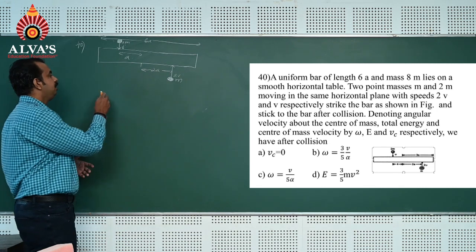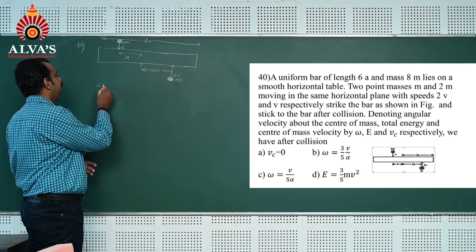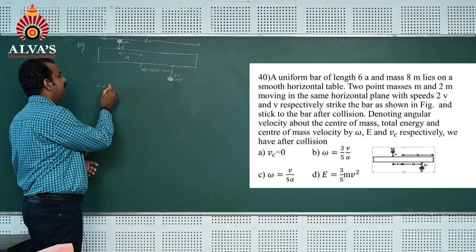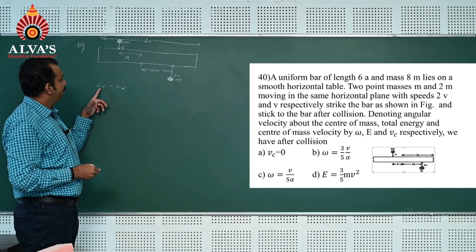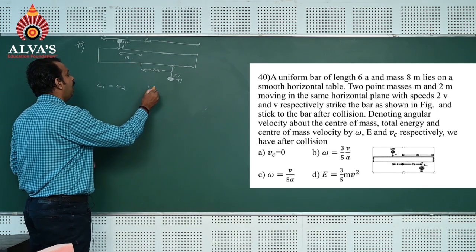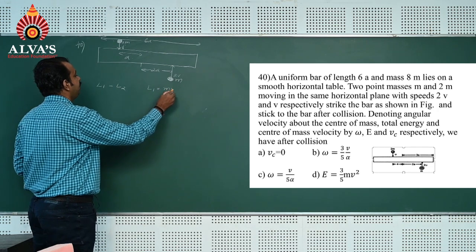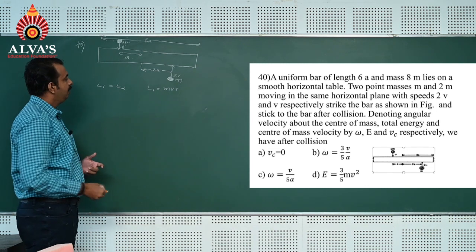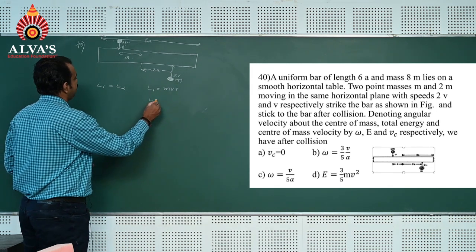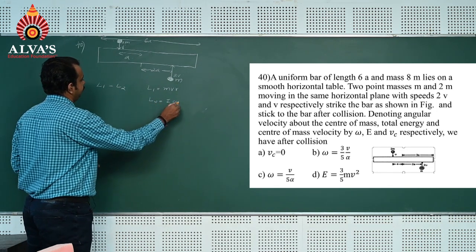Angular momentum before striking I would like to take as L1, and angular momentum after striking as L2. L1 I would like to write in terms of mvr, while angular momentum can also be expressed in terms of I omega.